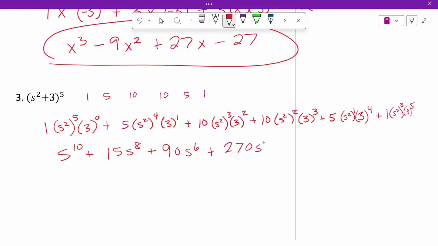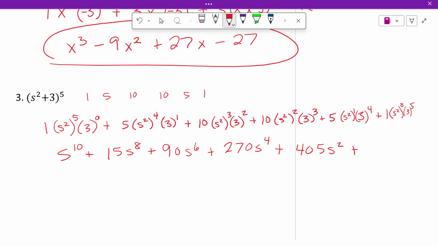s to the fourth plus 3 to the fourth. 3 times 3 is 9 times 3 is 27 times another 3, 81. 81 times 5 is 405. s to the second plus 3 to the fifth.